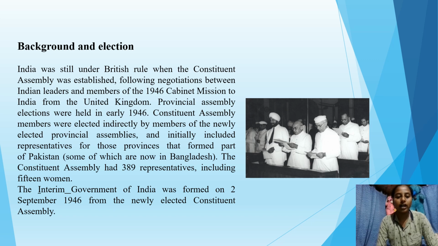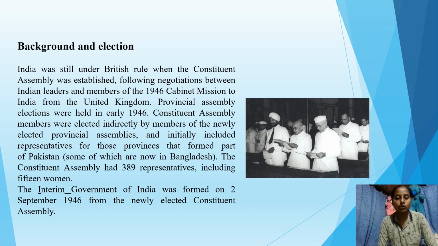The background and election of the Indian Constitution. India was still under British rule when the Constituent Assembly was established. Following negotiation between Indian leaders and members of the 1946 Cabinet Mission to India from the United Kingdom, provincial assembly elections were held in early 1946.